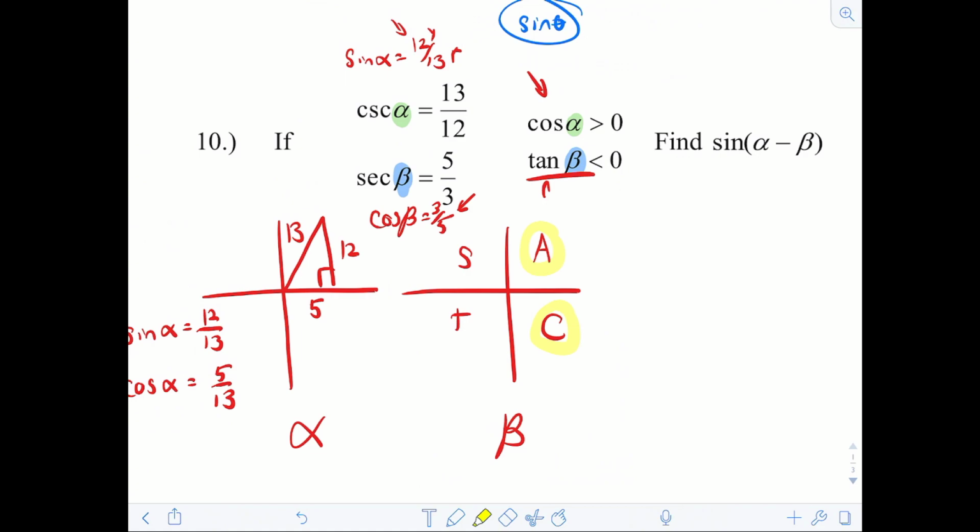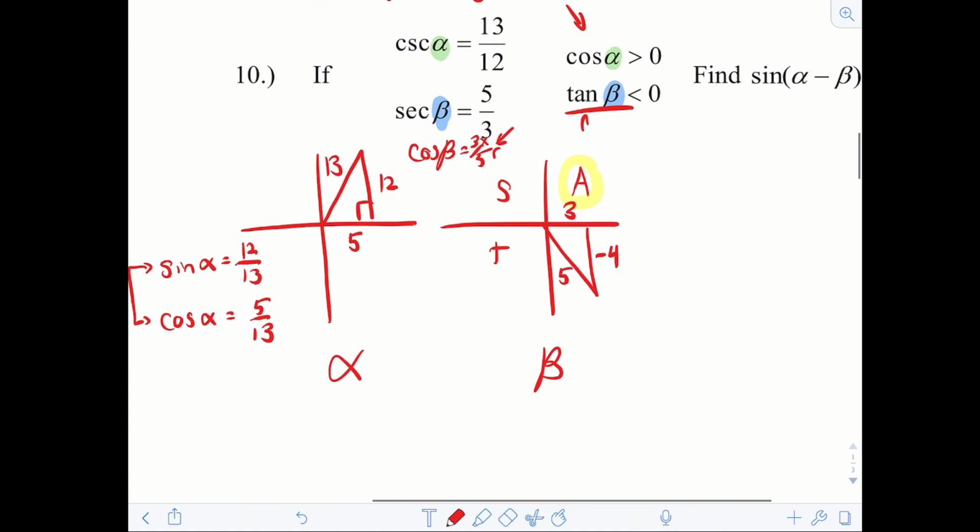But tangent is not positive in quadrant 4, so that is where we want to draw our triangle. So we're going to draw that here. Okay, cosine is x over r, so 3 is going to go here, 5 is going to go here, and then the y value is going to be negative 4. So we're going to write this as sine of beta is going to be negative 4 over 5, and cosine of beta is going to be 3 over 5.